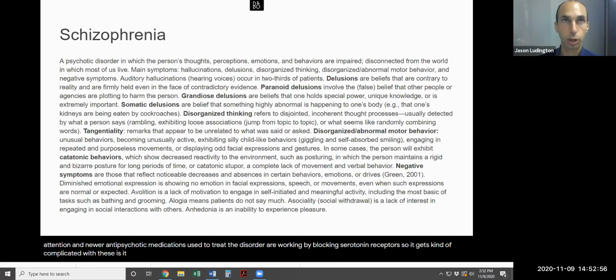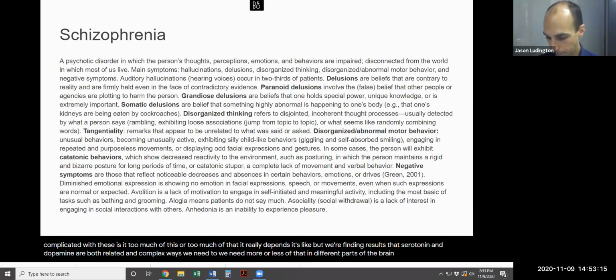So it gets kind of complicated with these. Is it too much of this or too much of that? It really depends. But we're finding results that serotonin and dopamine are both related in complex ways. We need more or less of that in different parts of the brain.